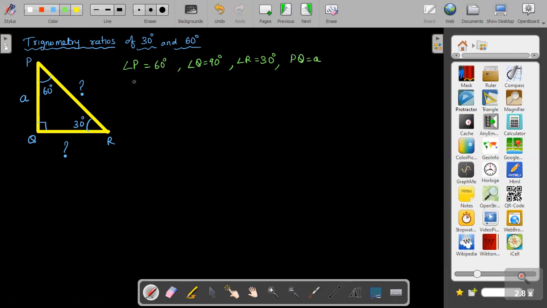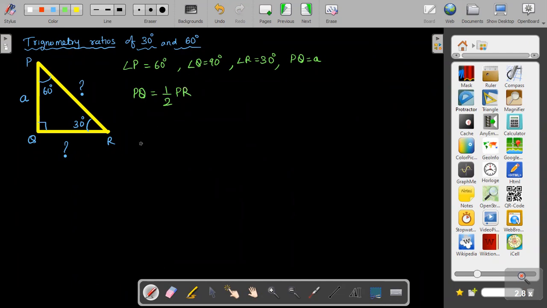Now what we are going to do is, according to the rule, just now I said according to the rule, उस rule के हिसाब से PQ जो है, अगर ये 30-60 डिग्री होता है ट्राइंगल में, then this PQ is half of hypotenuse, right? That's what we know from the rule. So we are going to write that rule here. PQ is half of hypotenuse.